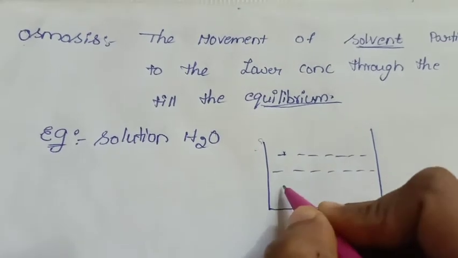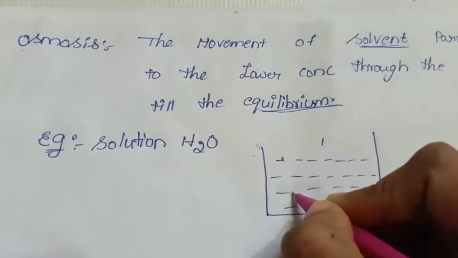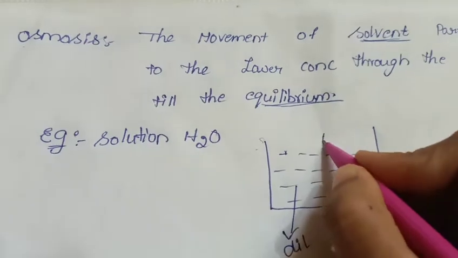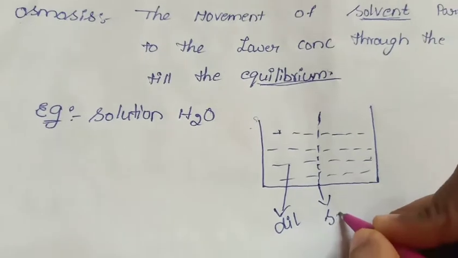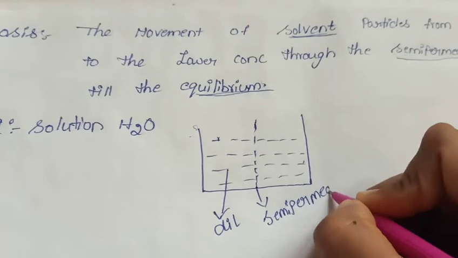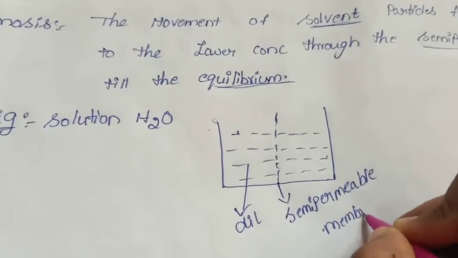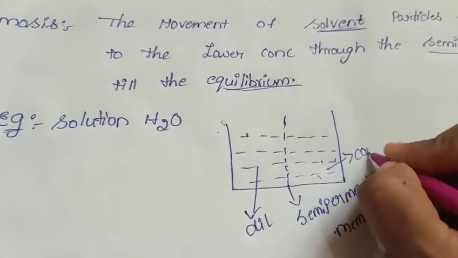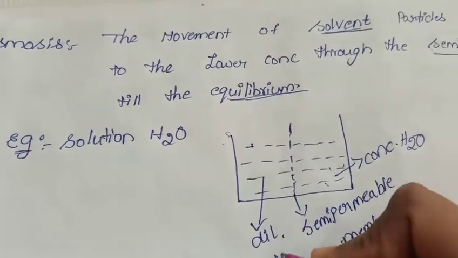Let us take the solution as water. How does osmosis take place in solutions? Let us take water as a diluted solution, and there is a semi-permeable membrane, and on the other side a concentrated solution. We have taken the diluted and concentrated solution as water.